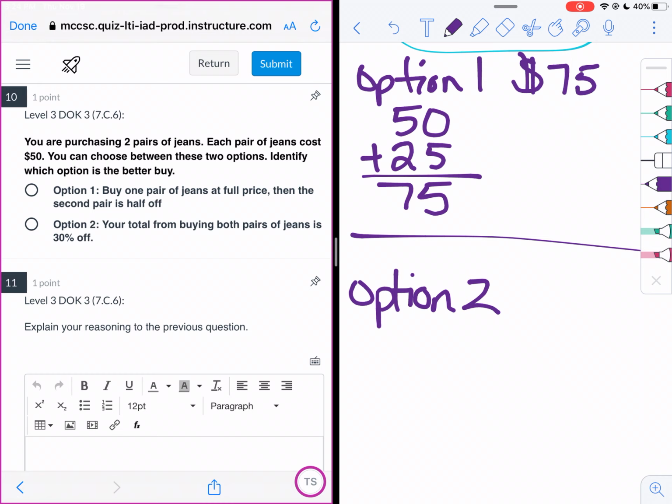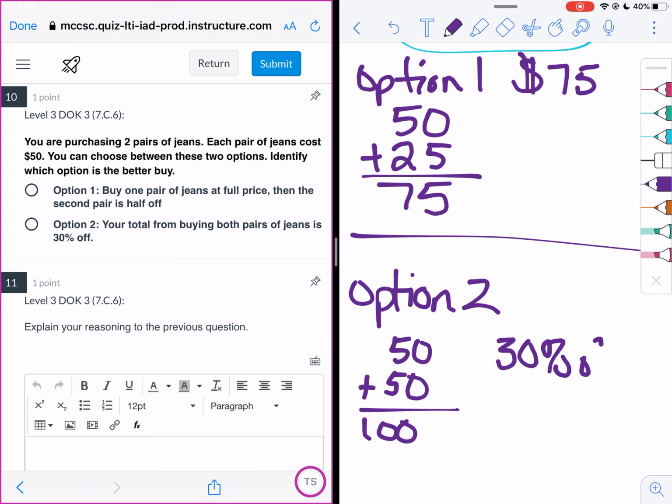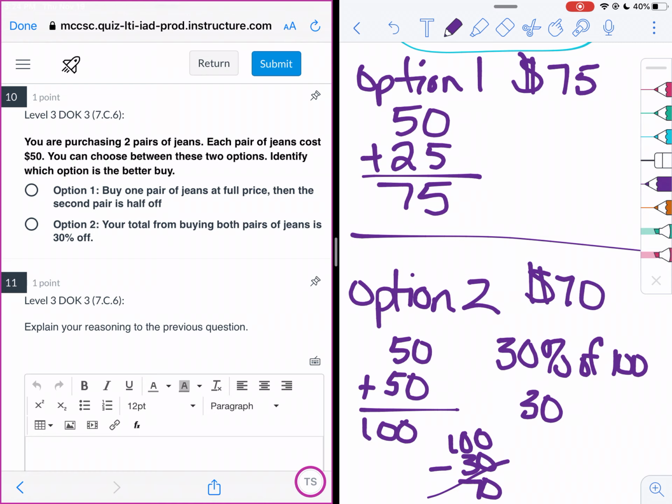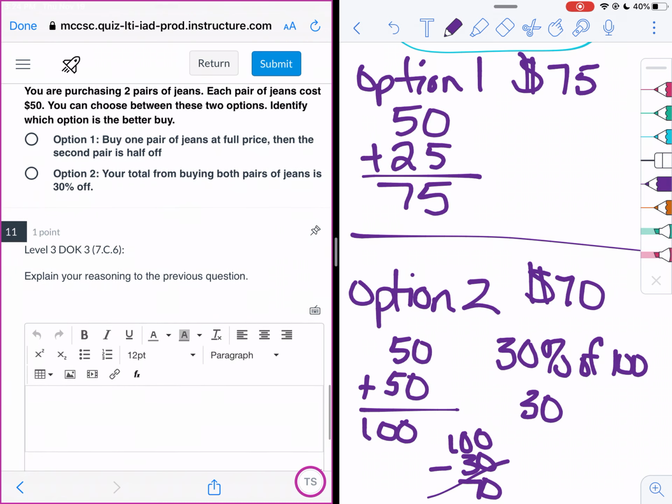Option 2, our total from buying both pairs of jeans is 30% off. Well, if we buy both of them for $50, then our total is going to be $100. Well, 30% of 100 is 30. So 100 minus 30 is 70. So option 2, our total is $70. So option 2 is the better buy.